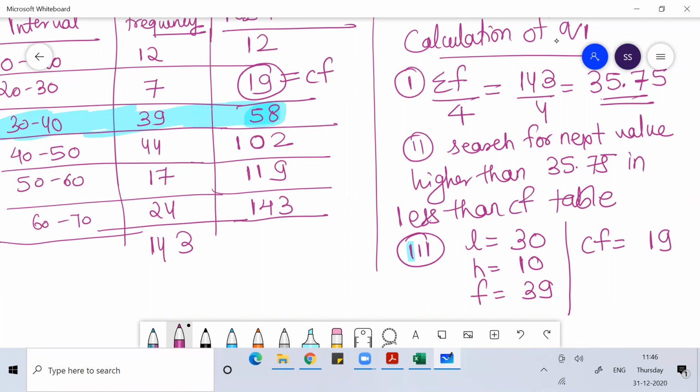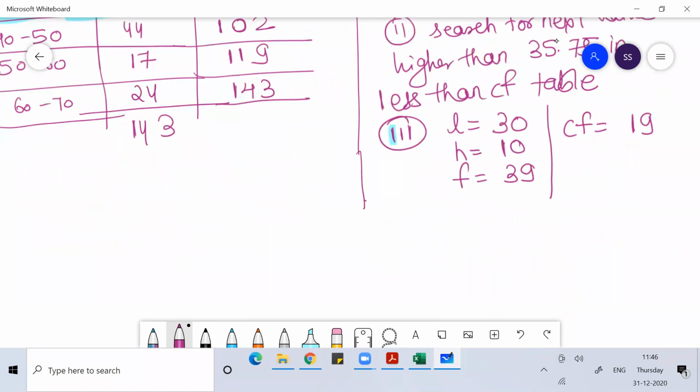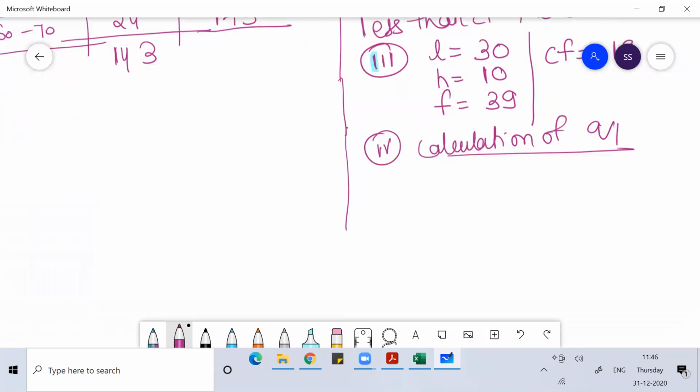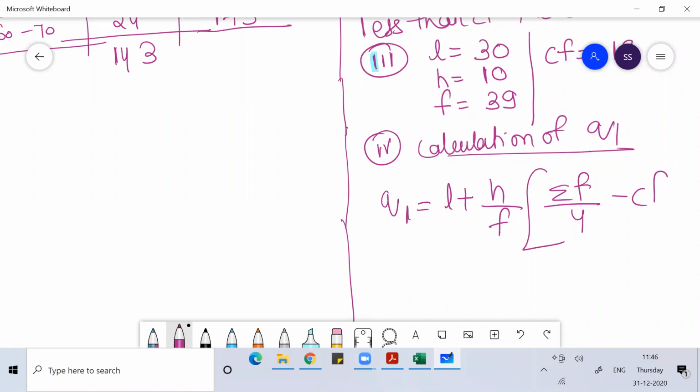Once you get this, now with this I can find the Q1. So the calculation of Q1 is Q1 equals L plus h by f, times sum of f by 4 minus cf.